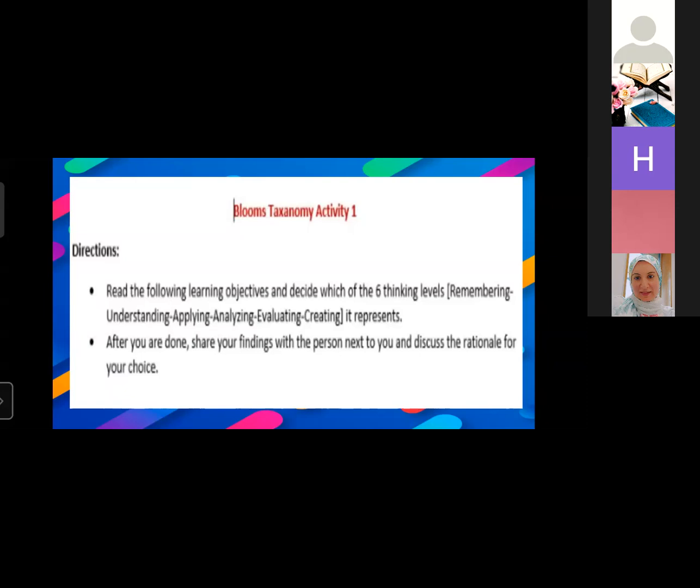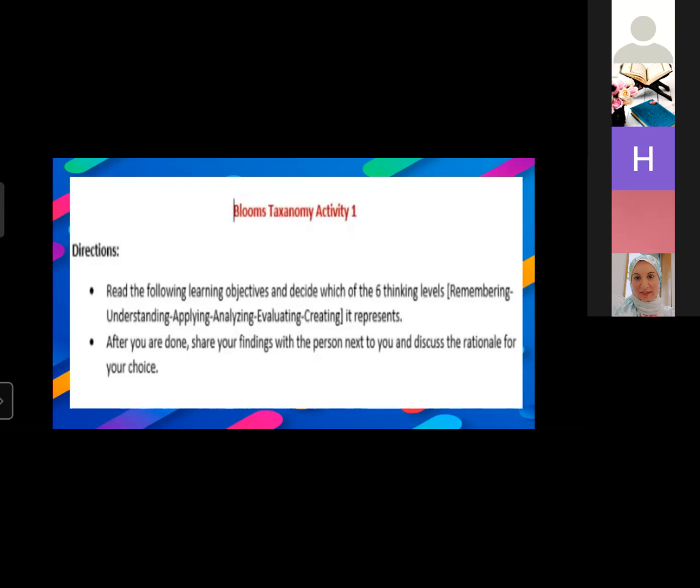Read the learning objectives. The second step is to decide which thinking level it is.